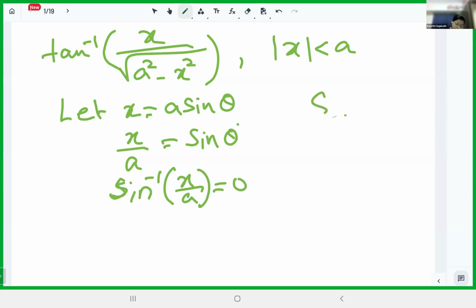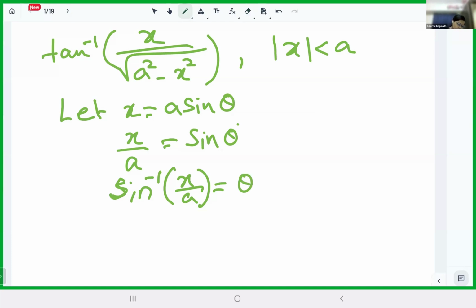If sine inverse x is equal to y, we can write sine y as x. So using that property, if x is equal to a sine theta, we got x by a as sine theta, so we can write sine inverse of x by a is equal to theta. Okay, is that clear to you all?